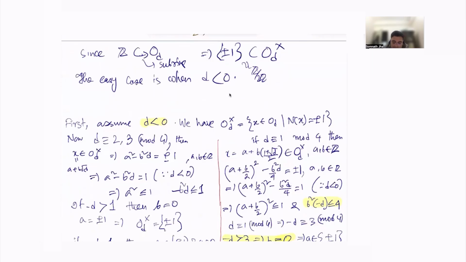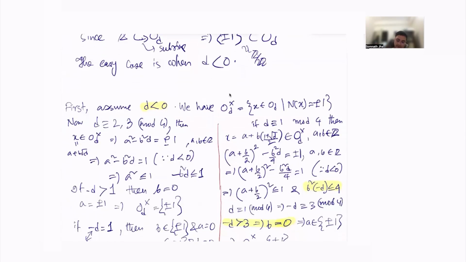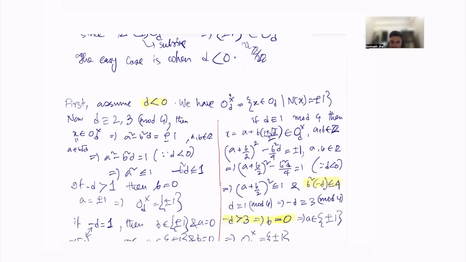So x square plus y square is 1, which means x square has to be less than or equal to 1 and y square has to be less than or equal to 1. So b square times minus d has to be less than 4, and a plus b by 2 whole square has to be less than or equal to 1, right?